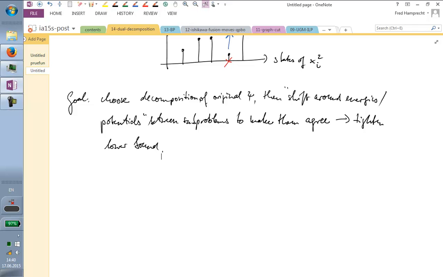It may also be impossible to achieve agreement between the two labelings. So if we can reach agreement everywhere, then we have closed our duality gap. If we have disagreements, then there is some gap.